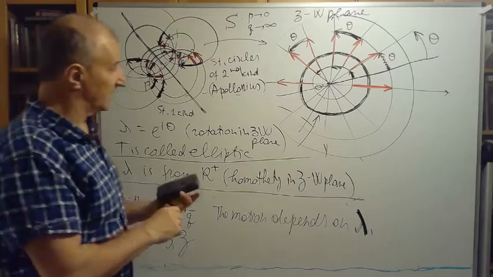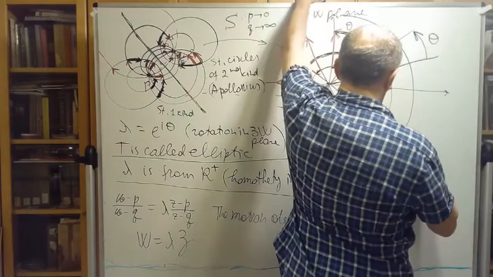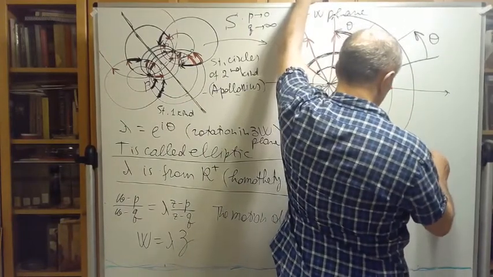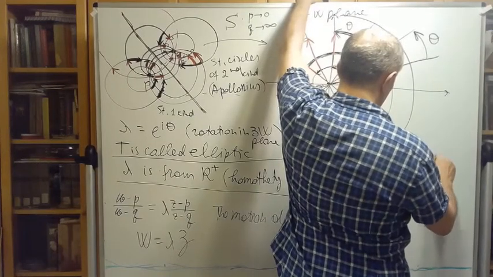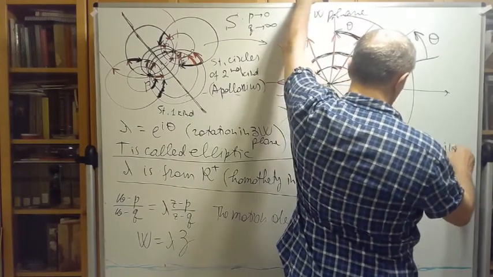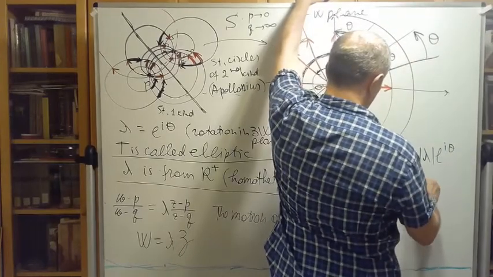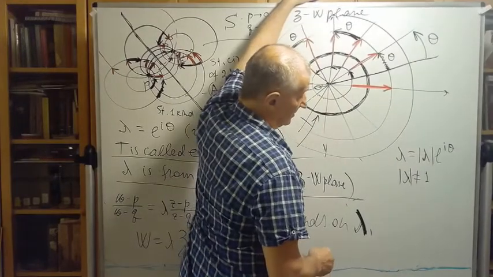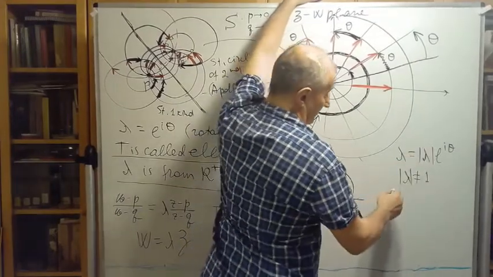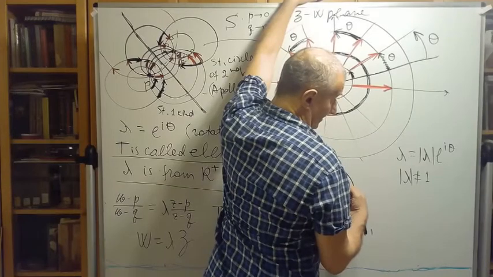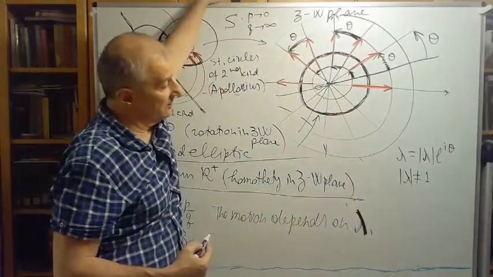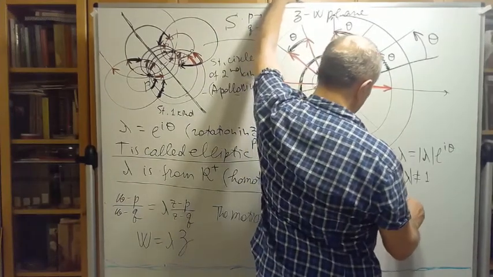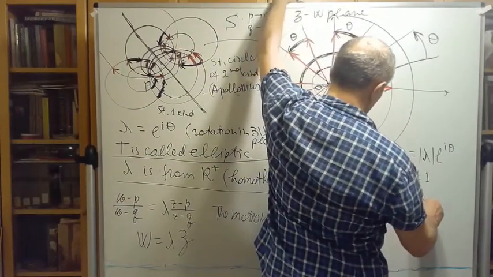And there is also another option, when lambda is modulus lambda e to the power i theta, where modulus lambda is not 1. So it combines a homothety and a rotation, and in this case the transformation T is loxodromic.